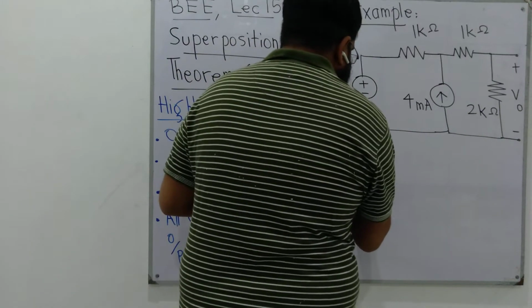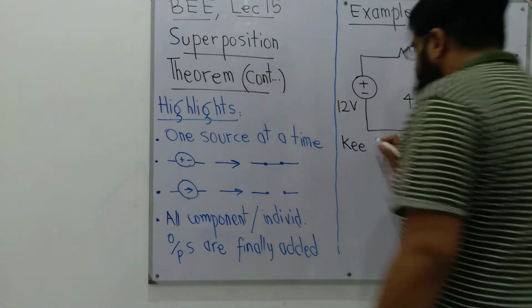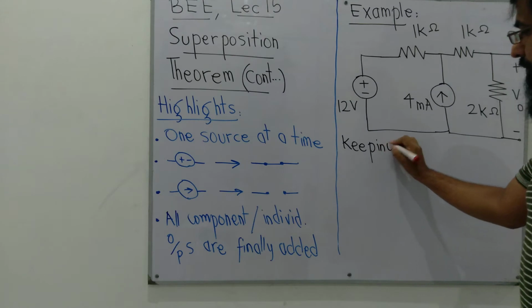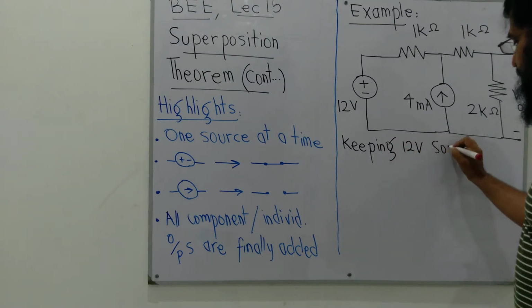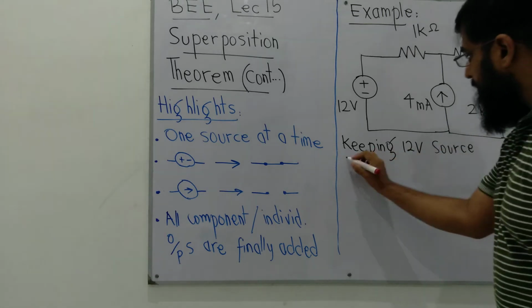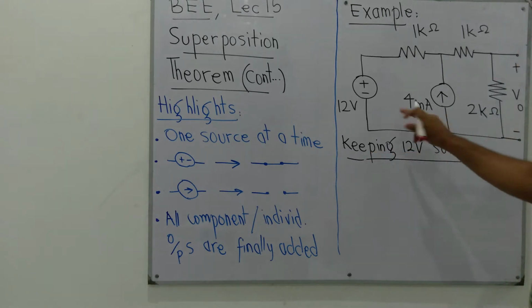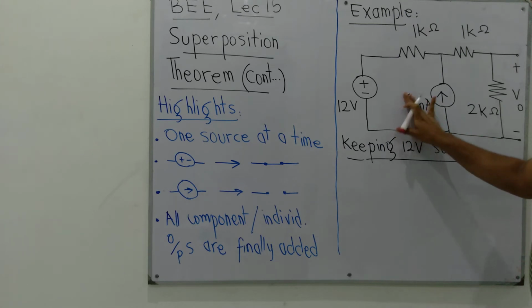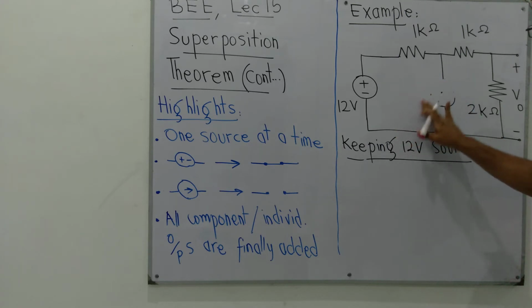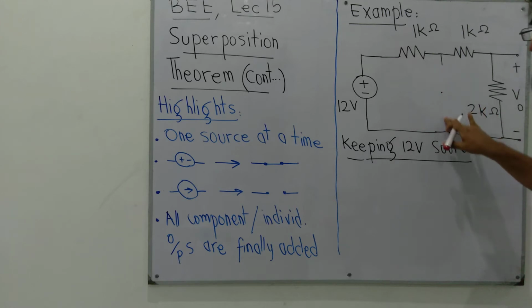So, keeping the 12 volt source, we have to replace this 4 milliampere current source with its equivalent resistance, that is open circuit, infinite, and we'll replace it with an open circuit.